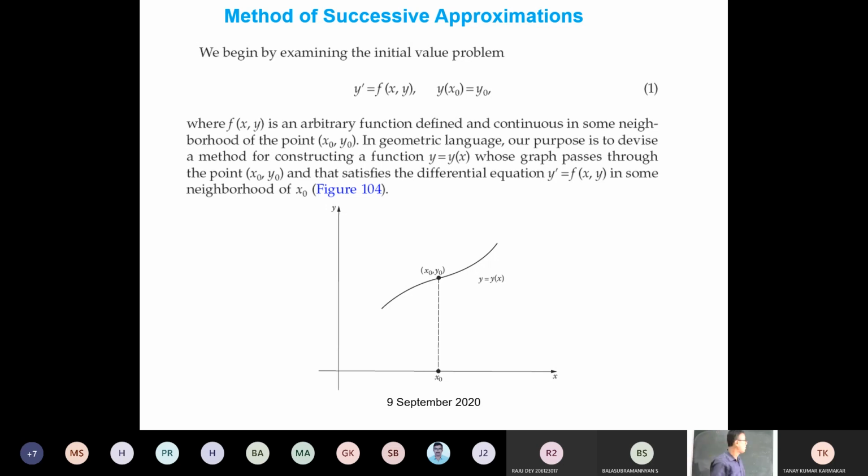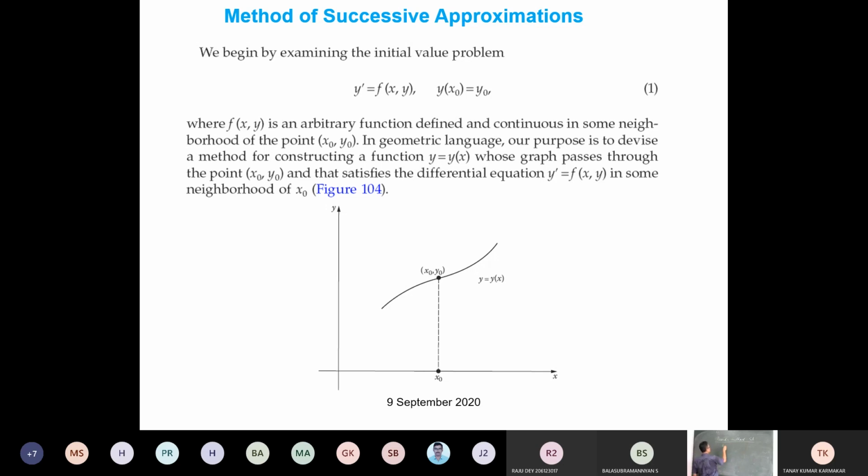So it is the method of successive approximation, and of course it is by Picard. In fact, it is Picard's method of successive approximation. Okay, so what does it do?